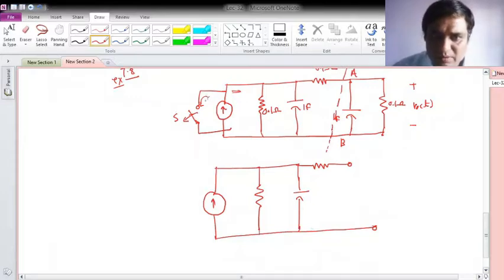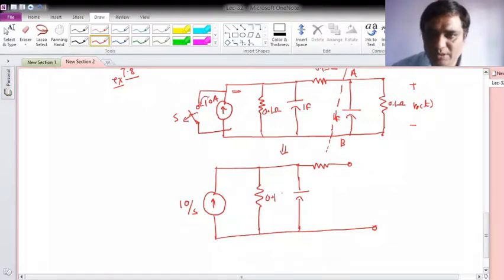Suppose this current is, let's put some number, 10 ampere, and let me write it in the transform domain. If it is 10 ampere, what will be its transform domain? It is 10 by S, then this is 0.1, this is 1 farad, so it will be 1 by S. Okay, and this is 0.1 ohm.